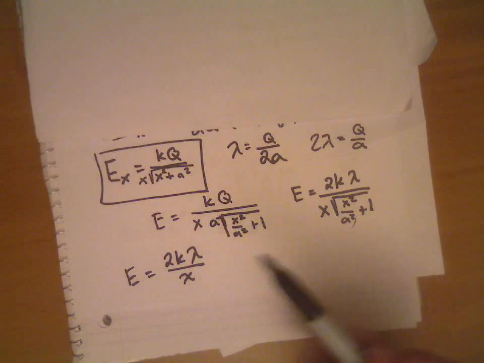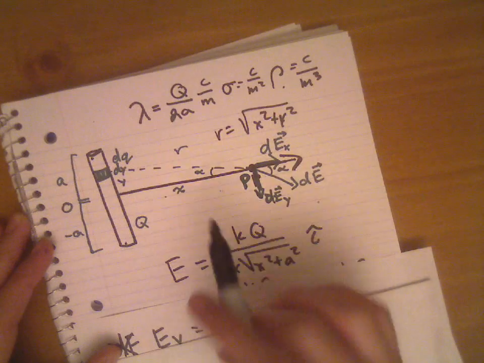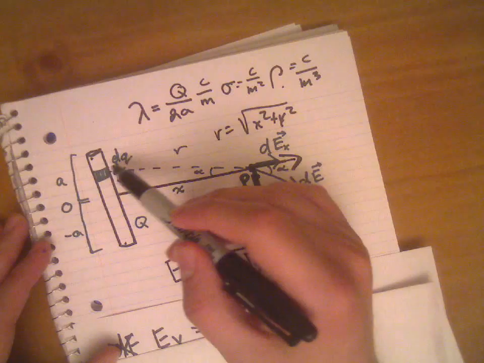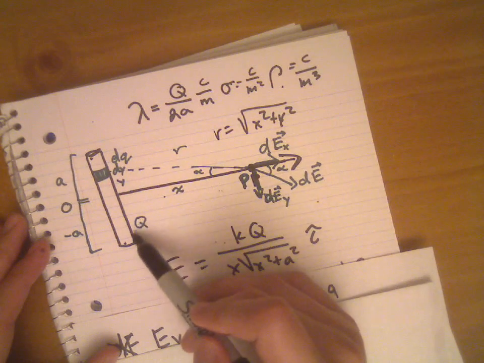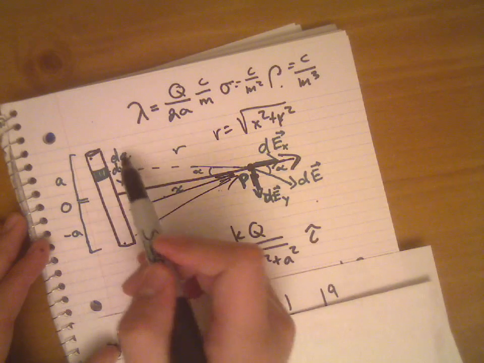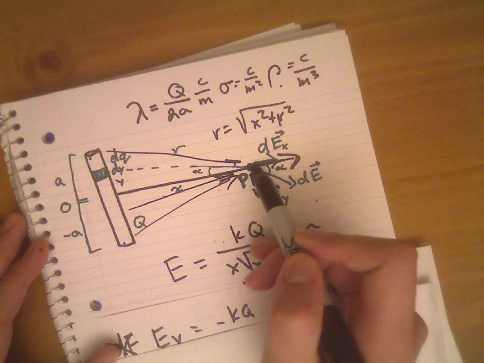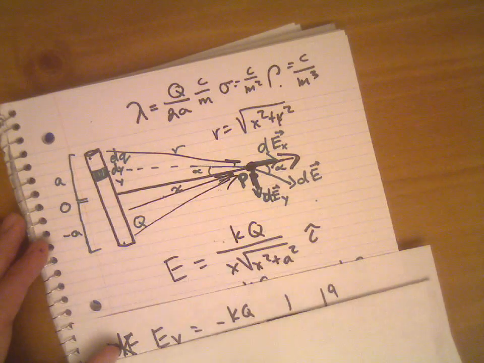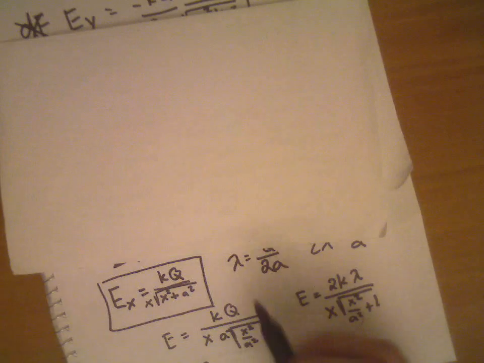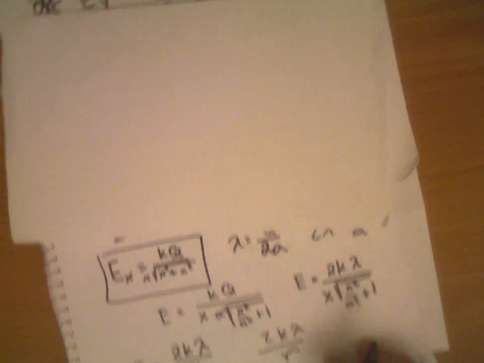And then if we think about it, if we have an infinitely large rod, it really doesn't matter whether or not the r's are all this way. It doesn't matter if it's like this or like that. In reality, our electric field is always perpendicular to this point. So therefore, instead of writing x, we can now write 2k lambda over r.